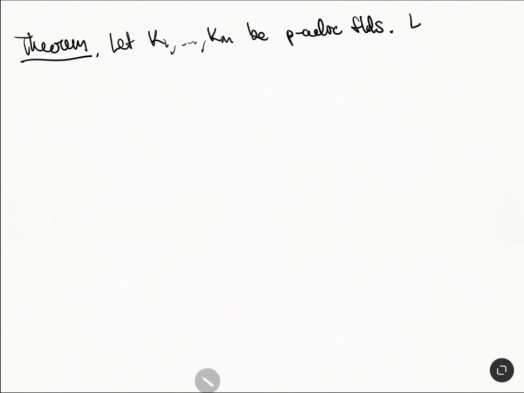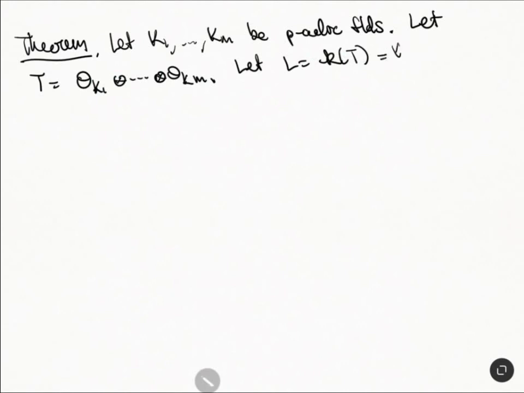We're going to let T equal the tensor product, and we're going to let L be the total ring of fractions of T, which is also equal to the tensor product of the fields. And now the tensor is over the p-adic integers.